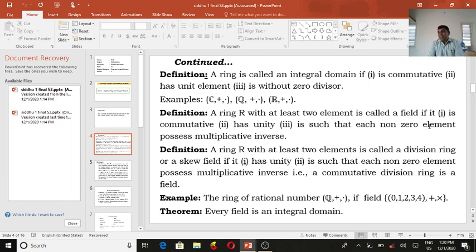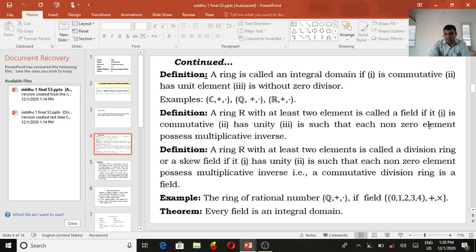Now an example. We understood the definitions of a ring. What is the difference between a field and a skew field? Take the example of the rationals. Q is a field, and so is Z mod 5, with elements 0, 1, 2, 3, 4. Here 5 is prime. Taking non-zero elements 1, 2, 3, 4, multiplying 2 into 3 equals 6, which can be written as 1.